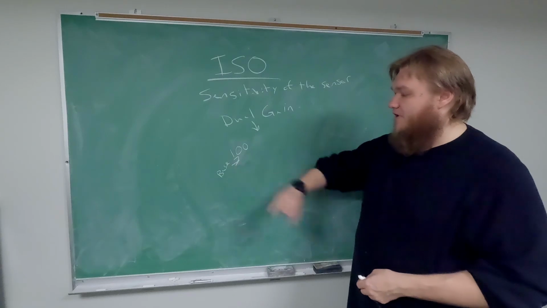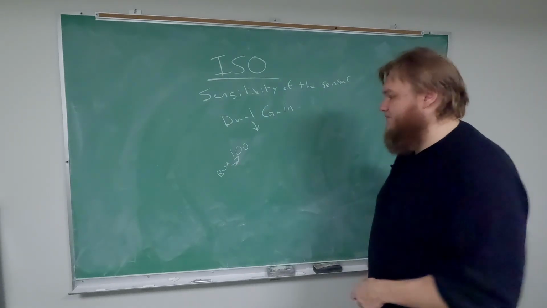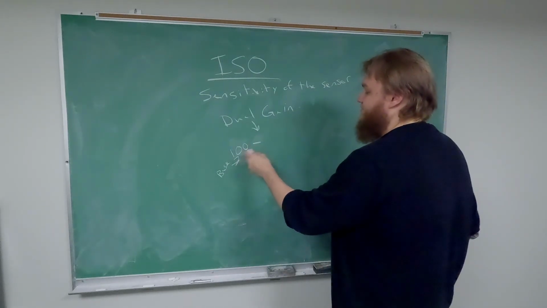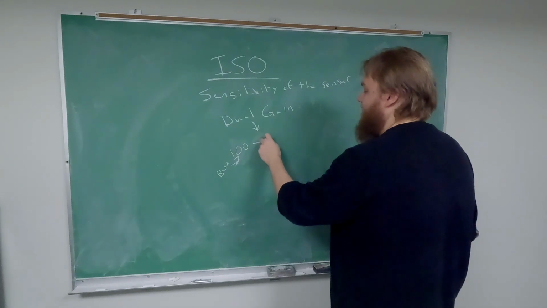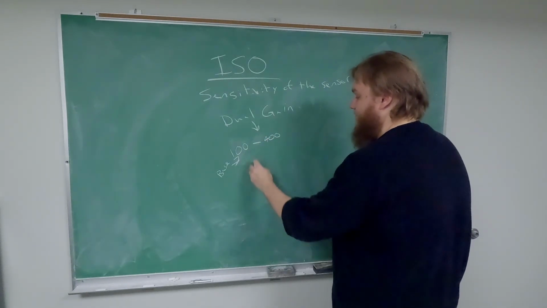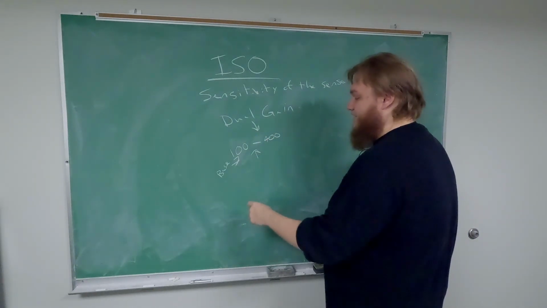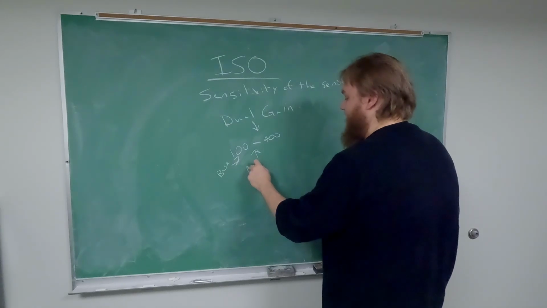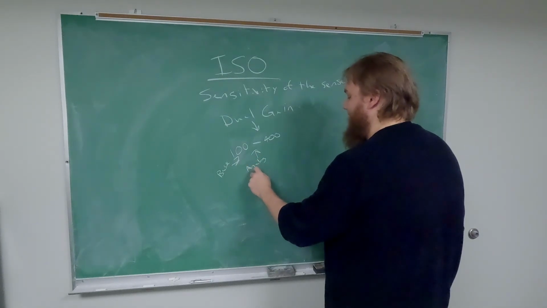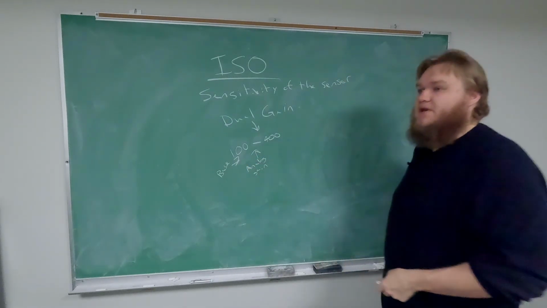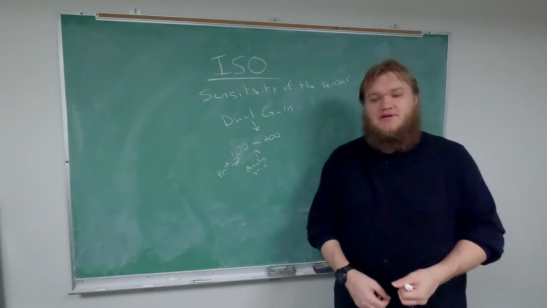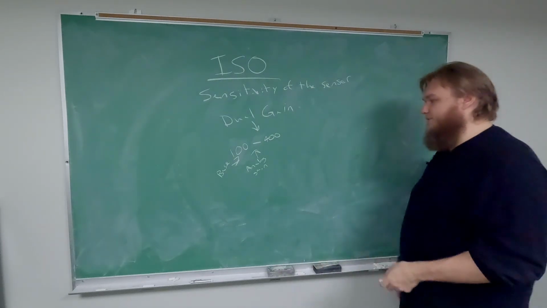So we have our base of 100, and when the ISO is between 100 and 400, there is analog gain. What analog gain is, it's actually changing the sensor and what the sensor is doing.